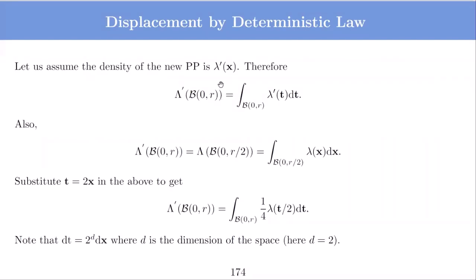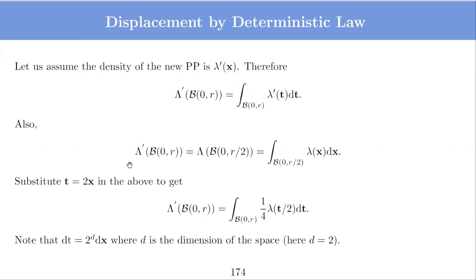So in that case, I can prove that lambda dash A is equal to lambda of A half. Okay. Now from that, let us compute the density of the derived point process. Let us assume the density of the new point process is lambda dash x. Then we know that the intensity measure of the new point process for this ball is the integration of density over this ball.